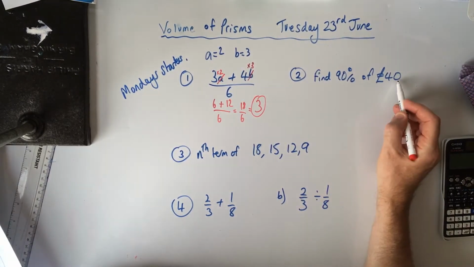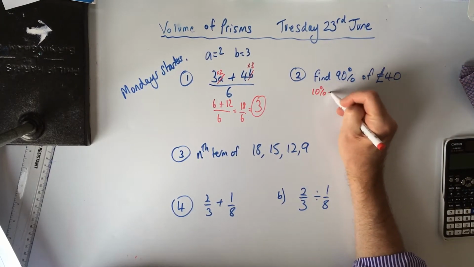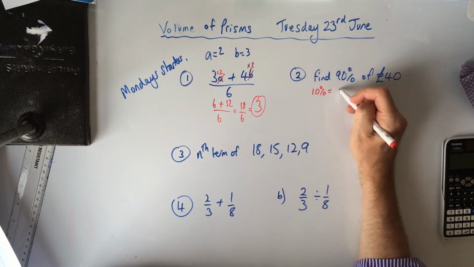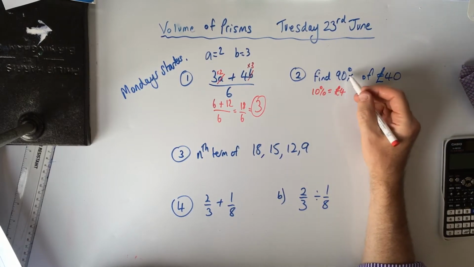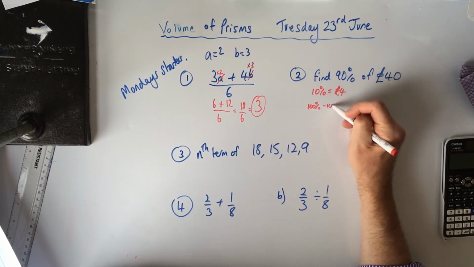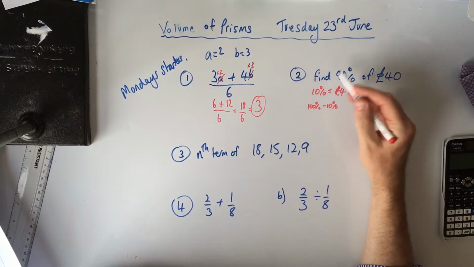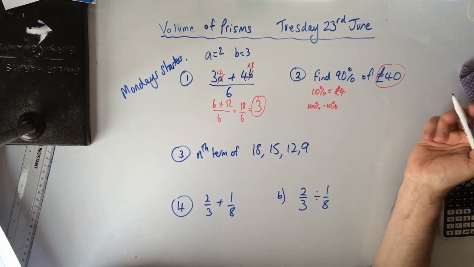Find 90% of 40. Well, you saw my little hint: you can do it from 10%. 10% of 40 is 4. And then 90% is 100% minus 10%, and 100% means the whole thing, which was £40.